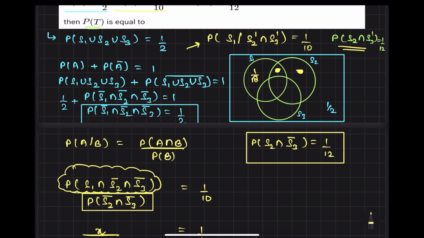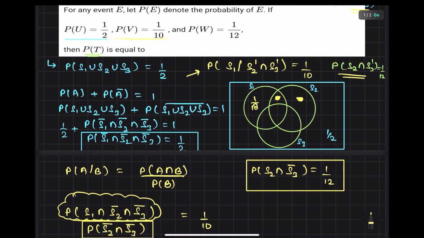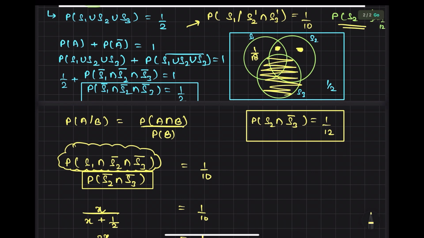Okay. Now you know that you have to find out probability of S3, means you have to find out probability of this. So look at this, how we will handle. Can I write, I will break down everything. Can I write 1 by 18 plus, I'm talking about this dot, plus, I'm talking about this dot, plus probability of S3 plus this 1 by 2.